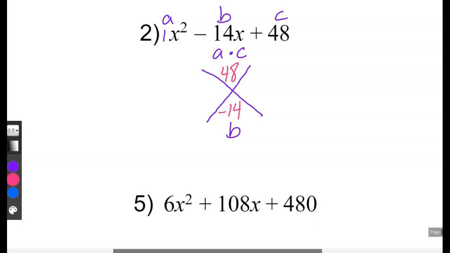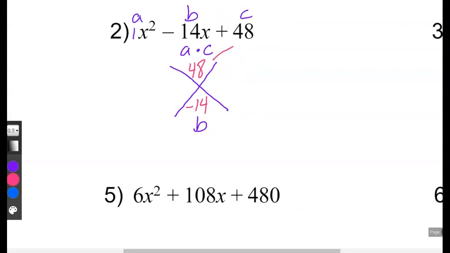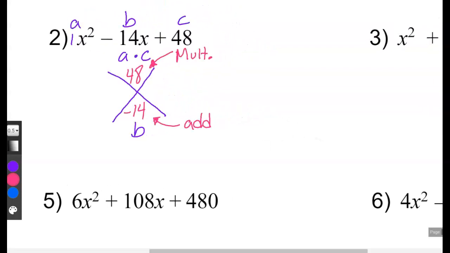Remember, I'm trying to find 2 numbers that do what? Multiply to get the top, but also, yes, add to get the bottom. So sometimes it's hard to just immediately think of these.